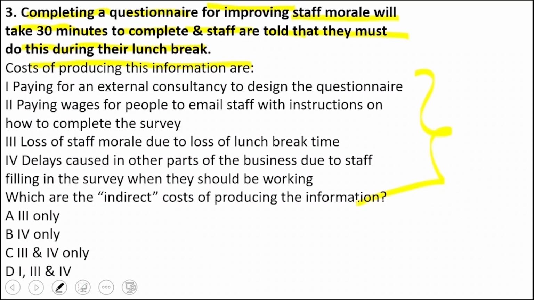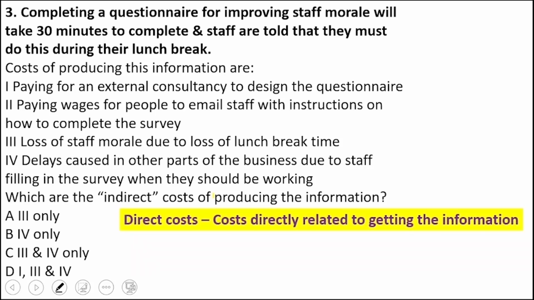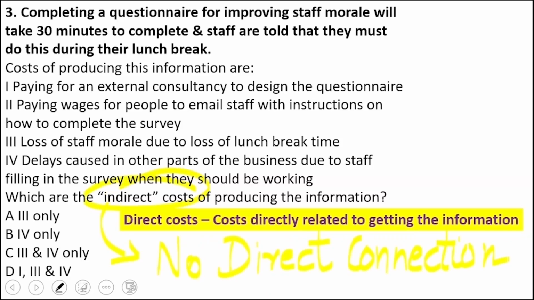They are asking you which are the indirect cost of producing the information. So we know that direct costs for producing the information are costs which are directly related to getting the information. And what are indirect costs? In indirect cost, there is no direct connection.